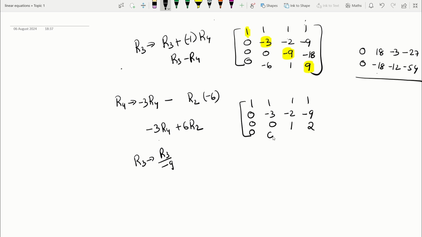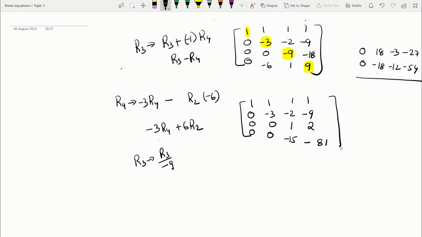R3 we are not doing anything now. Let me divide R3 by minus 9 also, we will do. Then it will be 9 and it will be 2. Then 0 here. 3 R4. Rough work we will do. Rough work we are using pink.